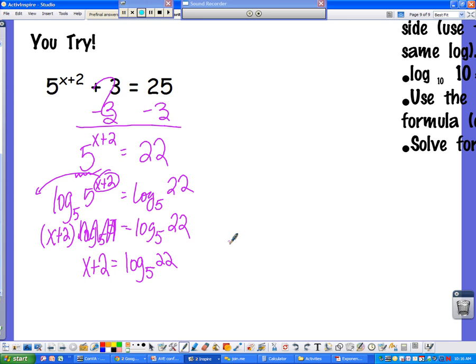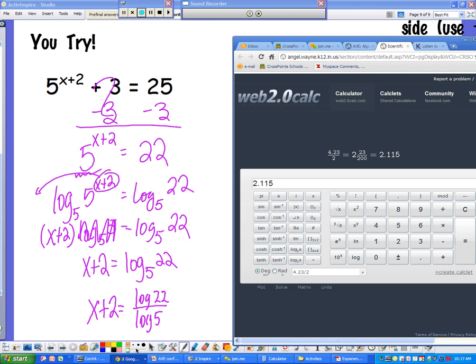So I get x plus 2 equals, remember the base of the log goes in the bottom, so log 5 goes in the bottom, log 22 goes on top. So if we calculate log of 22 divided by log 5, oops, we forgot our divide sign.